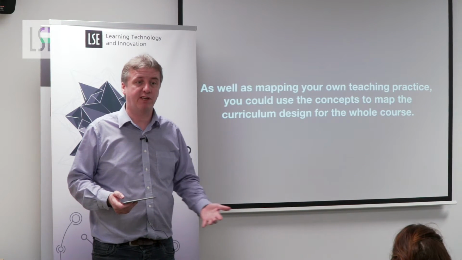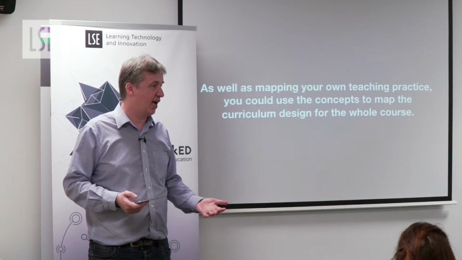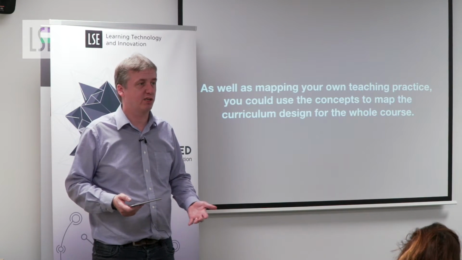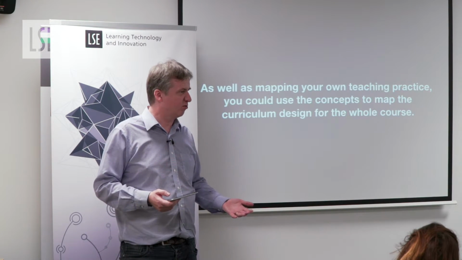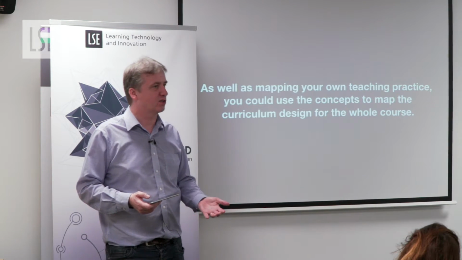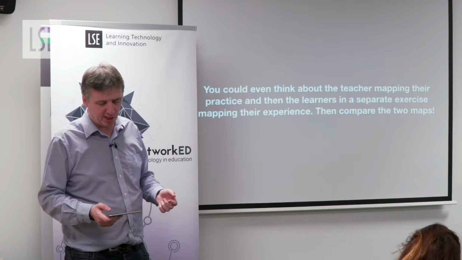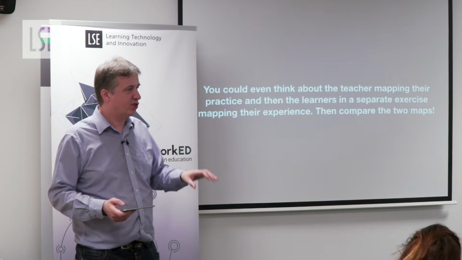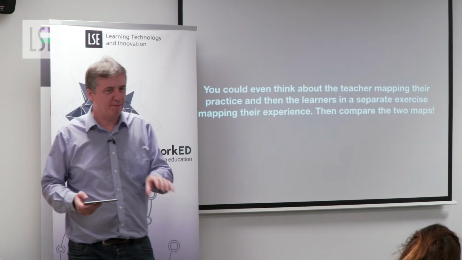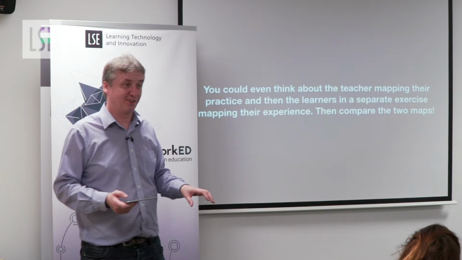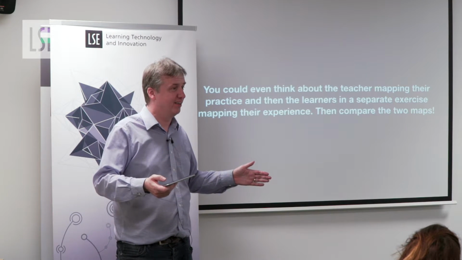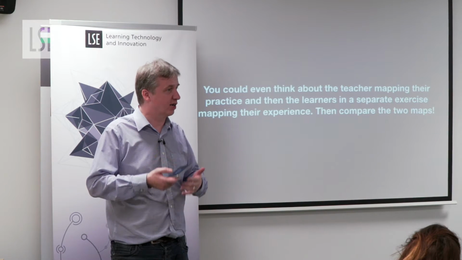One is a team event: map your practice and share those maps. Don't put your names on them, share them and see what's happening. Oh, this is interesting. Why are you doing that? And so on. Another would be to get the teacher to map the teaching and the learner to map the learning, and see, because in theory, should they be the same? That's where you start to get those expectations.